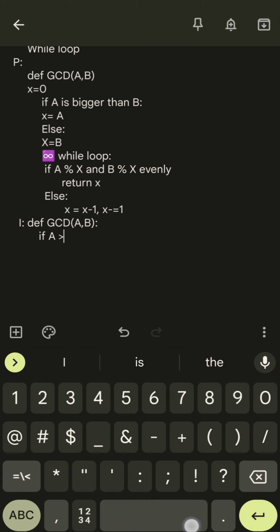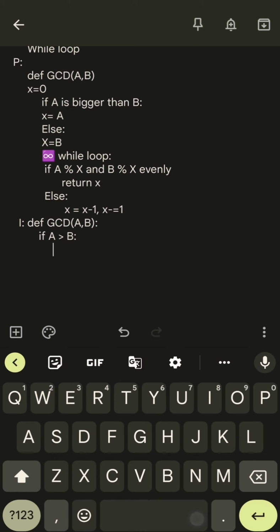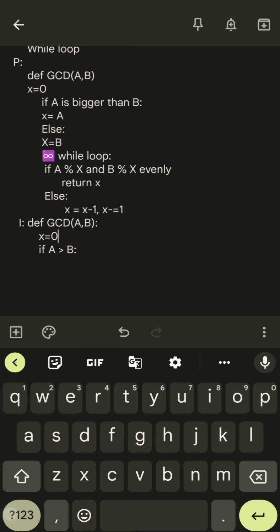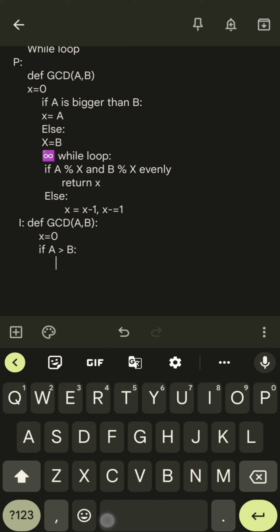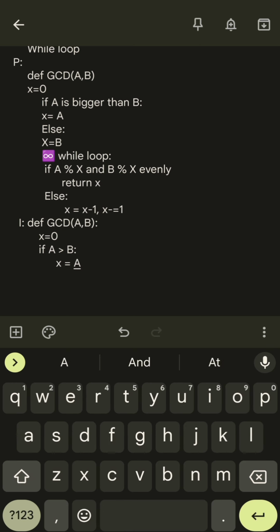I didn't look carefully. We're going to have to declare our x first. Our x is going to be 0 for now. So if A is greater than B, then in that case, x is equal to A. Again, we want the biggest number so we can go as close down to 0 as we can, and we'll find our greatest common denominator.